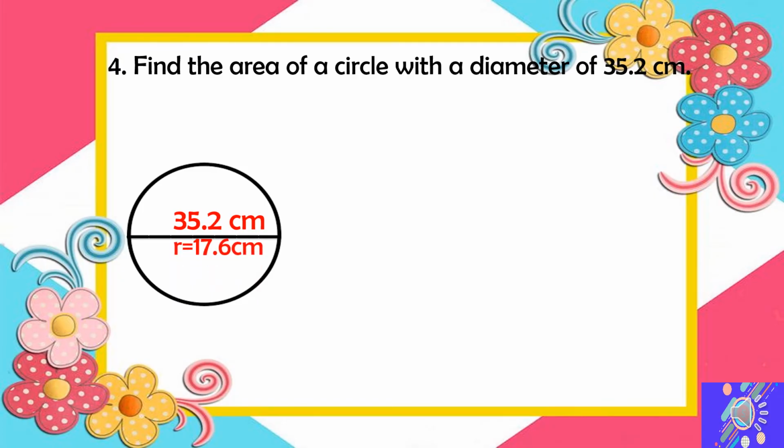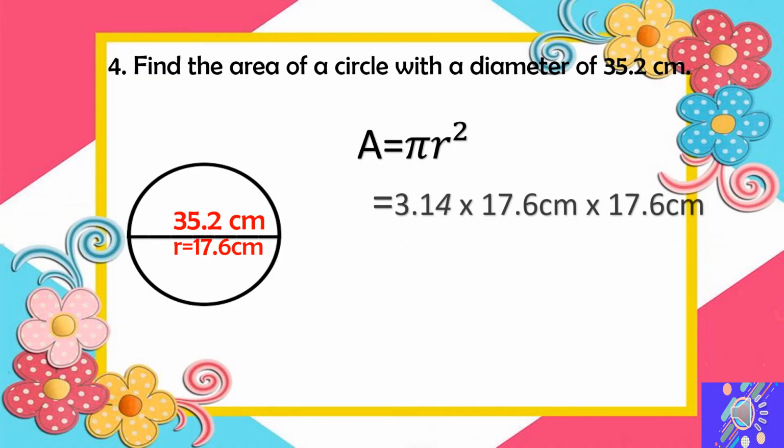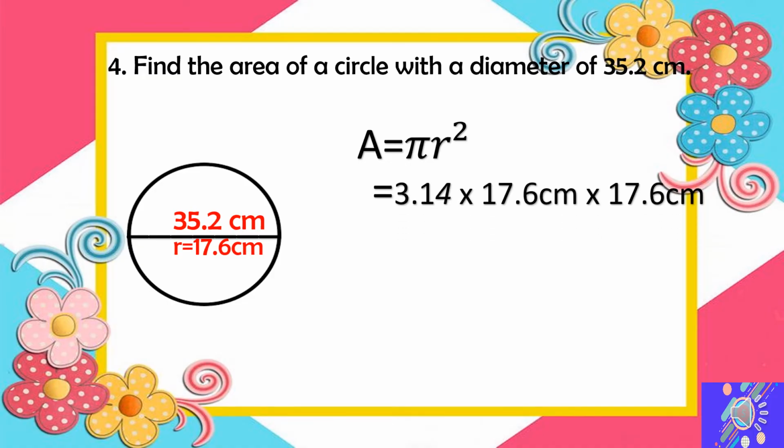So again, the radius is half of the diameter. So we have 17.6 centimeters. So again, in finding the area of that circle, we will be using this formula. A equals pi r squared. So let us now substitute. 3.14 times 17.6 centimeters times 17.6 centimeters.